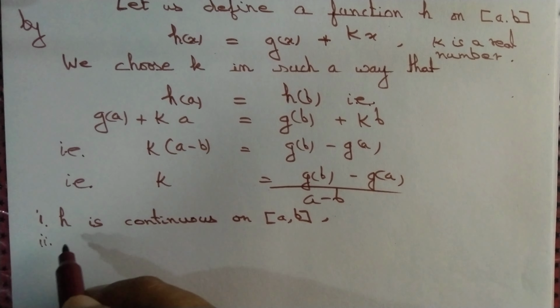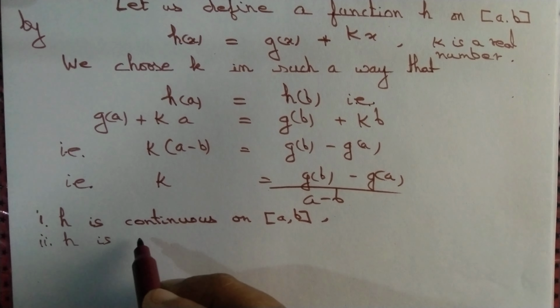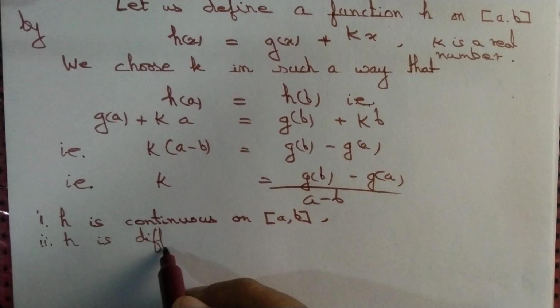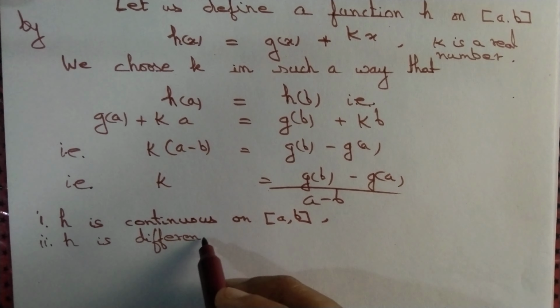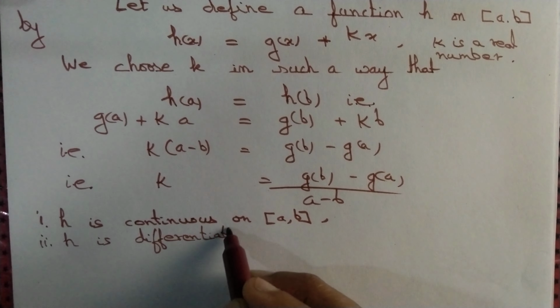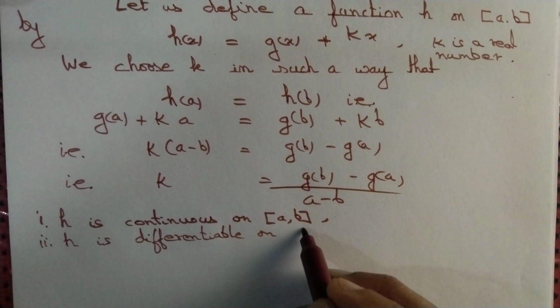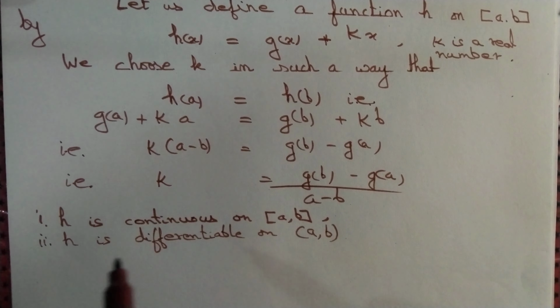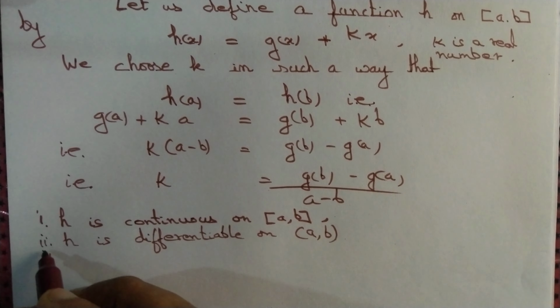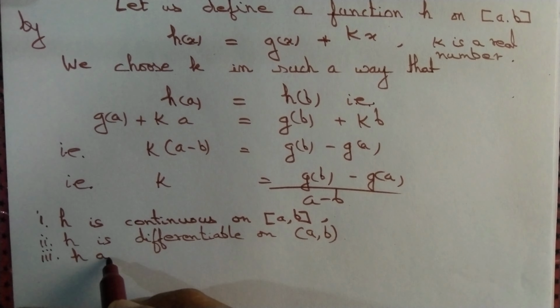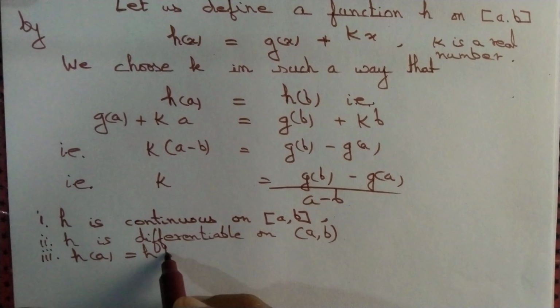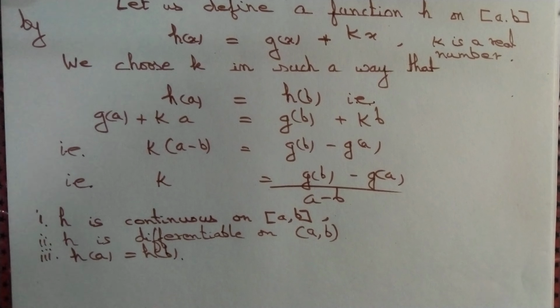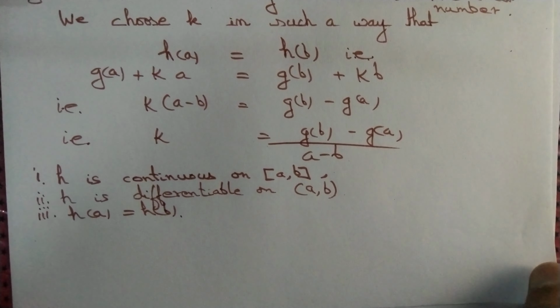Second point, h is differentiable on the open interval (a, b). Again, it is a sum of differentiable functions. And for the third point, we have just seen that h(a) equals h(b). So we can apply Rolle's theorem to the function h.